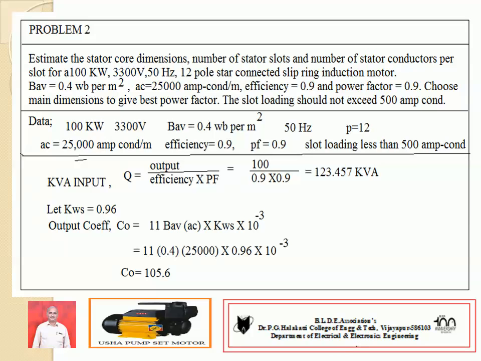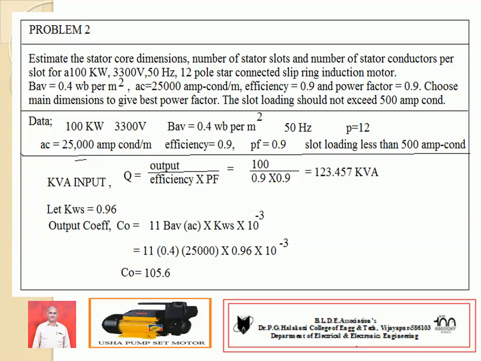Then again, stator winding factor is not given, so I have assumed this value kWs as 0.96. Next calculation, output coefficient C0 equal to 11 times B average AC into kWs into 10 to the power of minus 3.